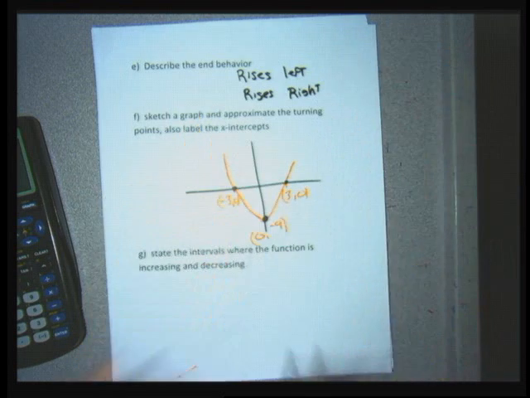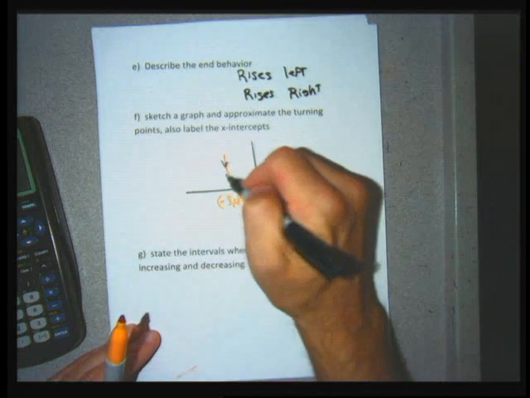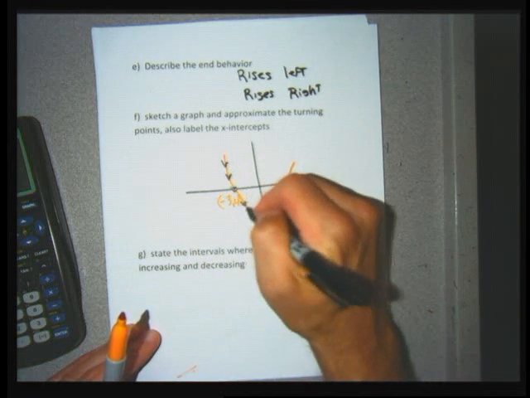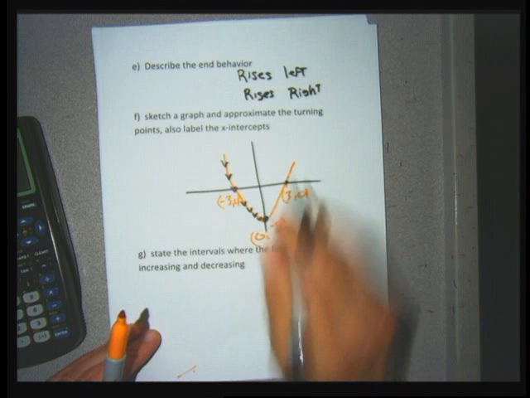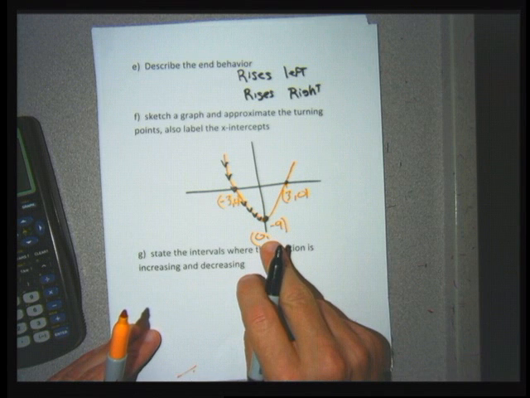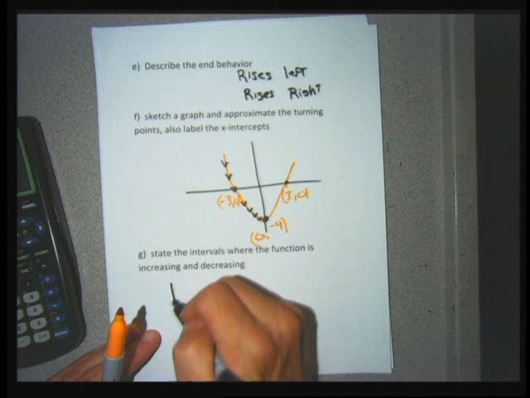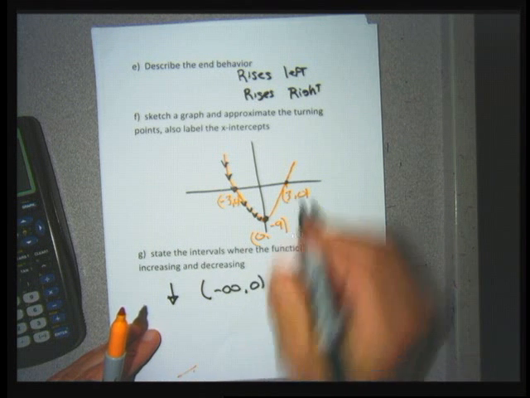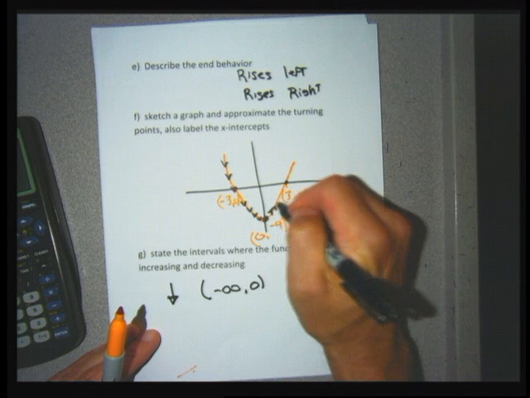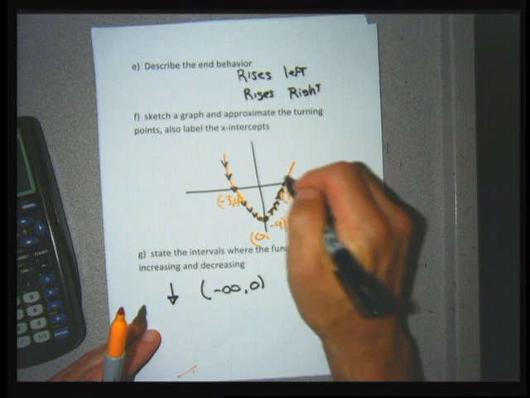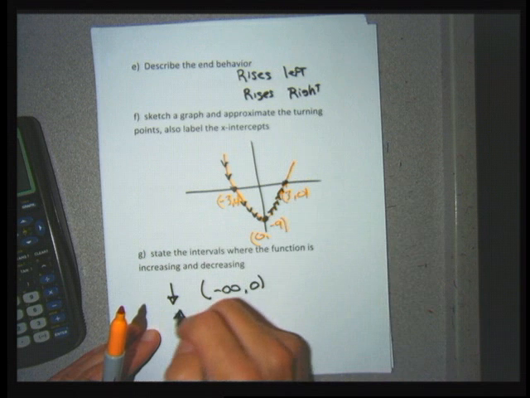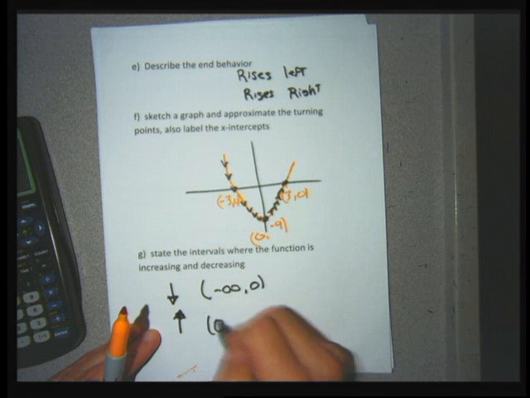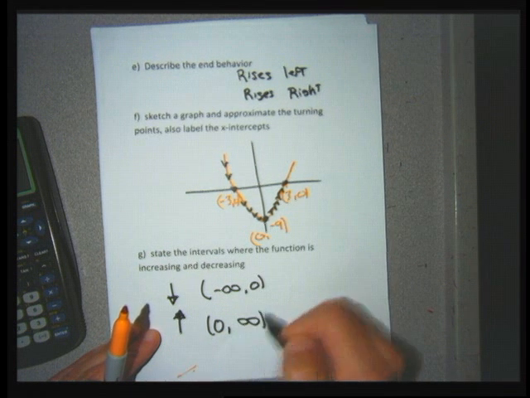And just like the last graph, this is decreasing from the far left edge of the graph to the 0 or the minimum. So it's going to be decreasing from negative infinity to 0. And then after the vertex, the graph starts going up, and it increases with the up arrow from 0 to infinity.